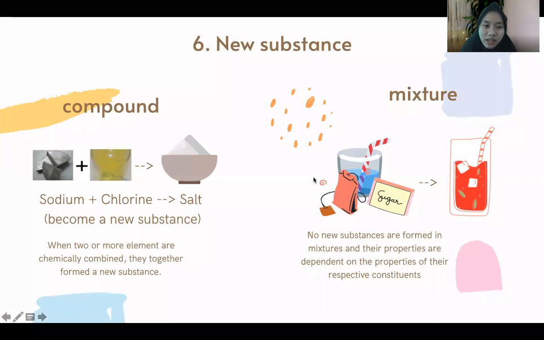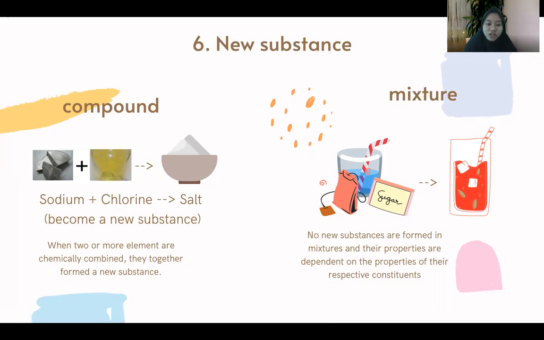For the new substance, for the compound, when two or more elements are chemically combined, they together form a new substance. Like we have sodium as a solid, and chlorine is a gas, and together they become salt, which is a solid.